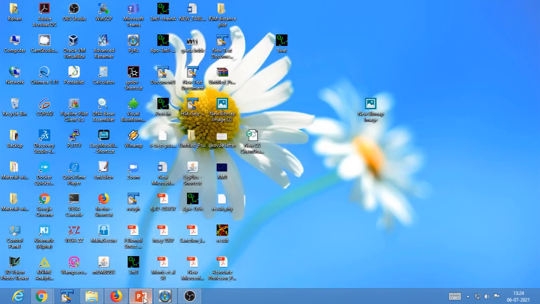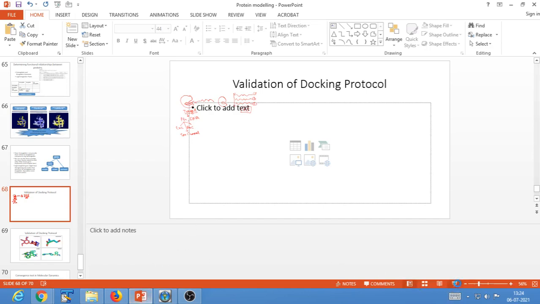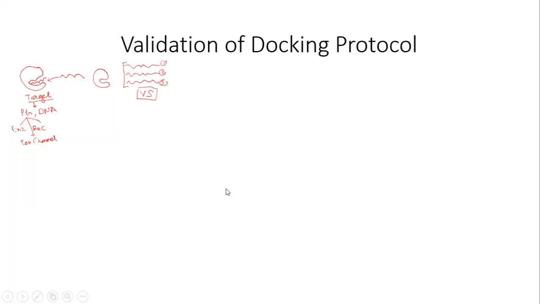Let me tell you the basic logic behind performing such a validation study. Validation studies are usually conducted before you dock your test ligands. First you validate your docking system and then you dock your test ligand into a certain protein. So first let us talk about what validation is and how we do it.